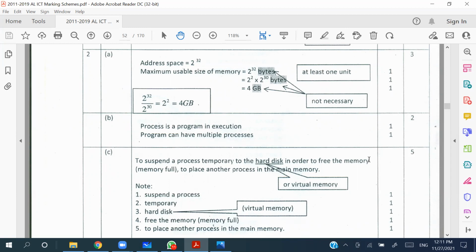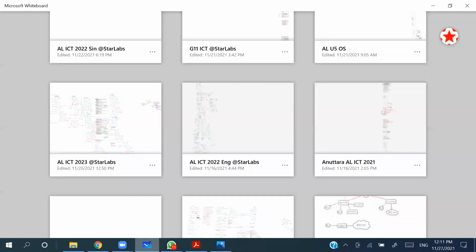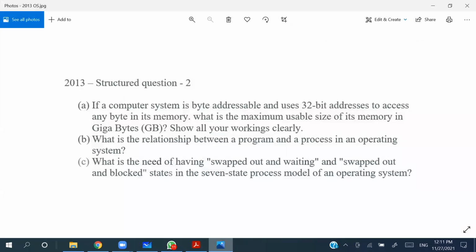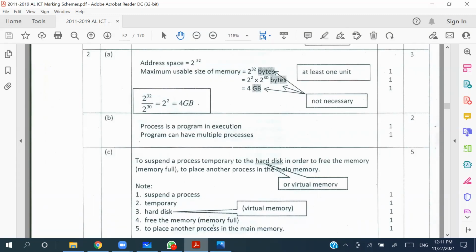And then part B, most of you have come up with the answer process. Now what they're asking is, what is the relationship between program and the process in an operating system? As the marking scheme says, a process is a program in execution. A program can have multiple processes. It's better you mention both facts. Osanda, I think you are missing just one particular fact, Putha, so be careful.